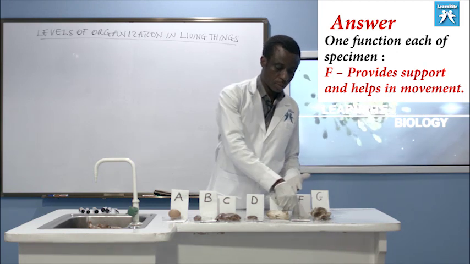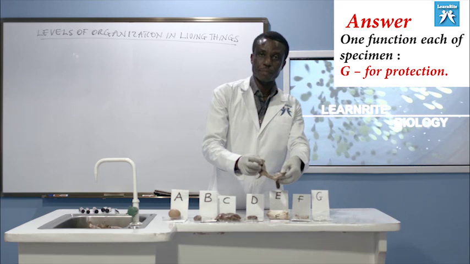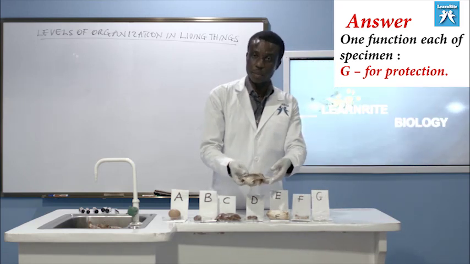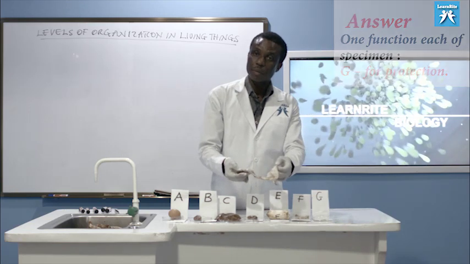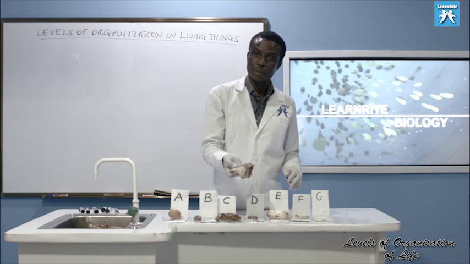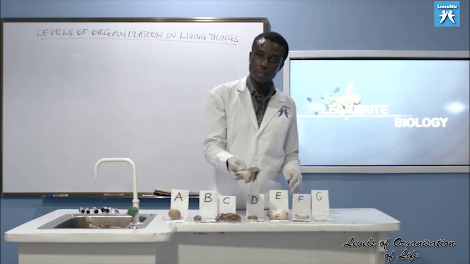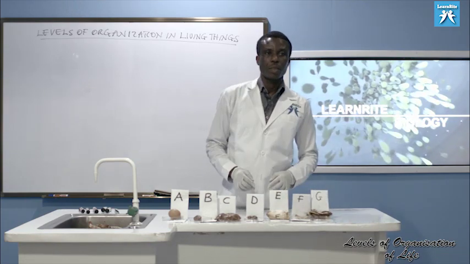The skin is for protection. The primary function is protection. It's also involved in temperature regulation, excretion, sensitivity. These are the functions of the skin. We have to name one. Let's move on.